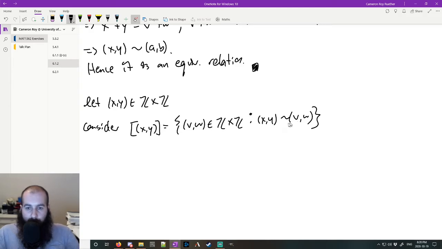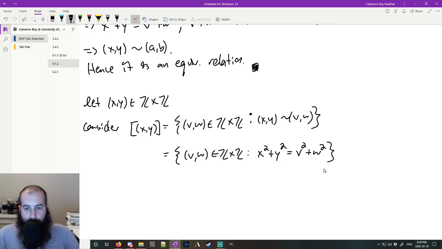We can rewrite this relation within this set. This set is equal to all the pairs vw which satisfy this condition of being related, which we know means x squared plus y squared is equal to v squared plus w squared. And so now we're just looking for all pairs such that v squared plus w squared match some number, whatever this number is. So the equivalence classes are then categorized by whatever numbers these can be.